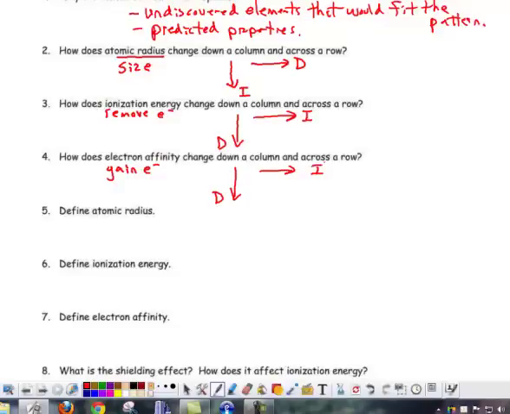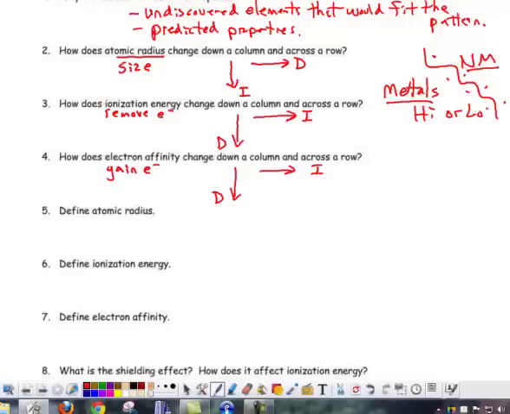So if I asked a question such as this, are metals high or low? Well, in general, remember we have the stair step, the non-metals located above the stairs, the metals below the stairs, and then we have these metalloids touching the stairs.